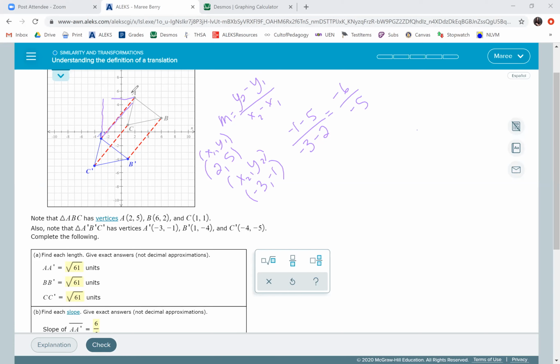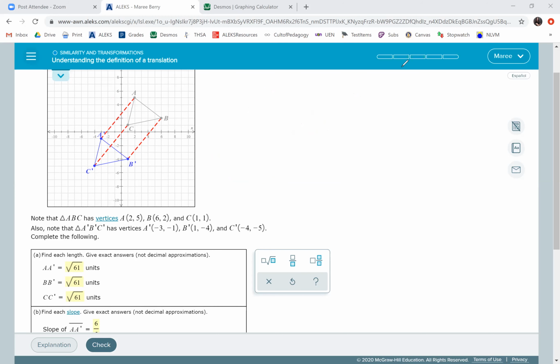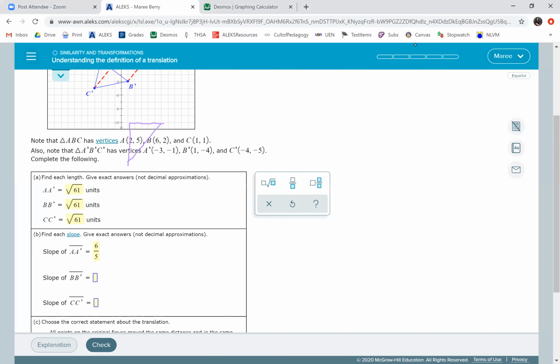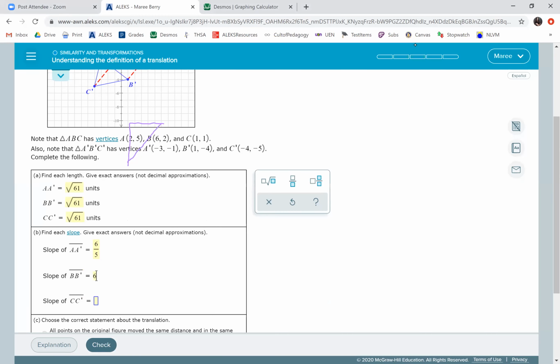So you don't really even have to do the formula. Let's look at the slope between B and B prime. It should be exactly the same thing. Here's our B to B prime. We go up 6 and over 5, so it's going to be 6/5. And so it's C to C prime.